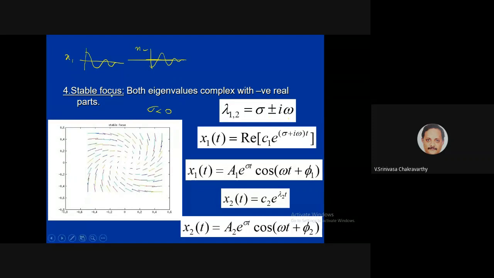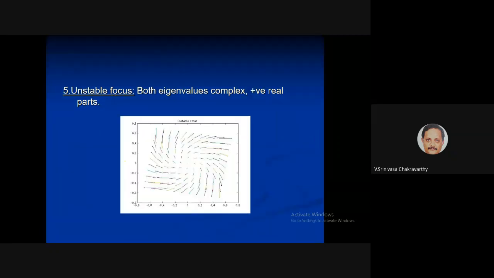If you plot one against the other, x1 against x2, your trajectory will spiral. If you are at the origin, you will stay there, but if you get perturbed off the origin, you will spiral towards the origin. This kind of point is called a focus. Focus refers to the fact that the eigenvalues are complex, and the approach is a spiraling approach to the fixed point. It's called stable because if you get thrown off the fixed point, you get back to it.